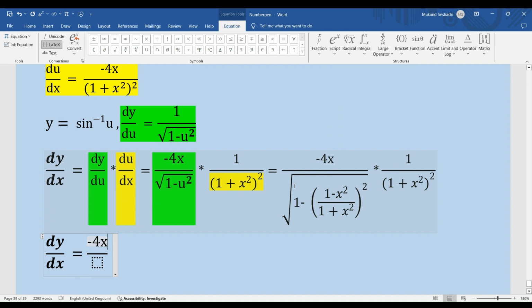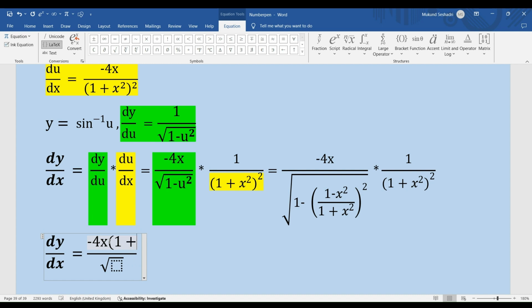I'm going to simplify the expression within the square root, right? So I'm going to open my square root, and when I do a cross multiplication, I get a 1 plus x square the whole square minus 1 minus x square the whole square, right? And then my 1 plus x square the whole square root of that, I put it back in the numerator out here, right?